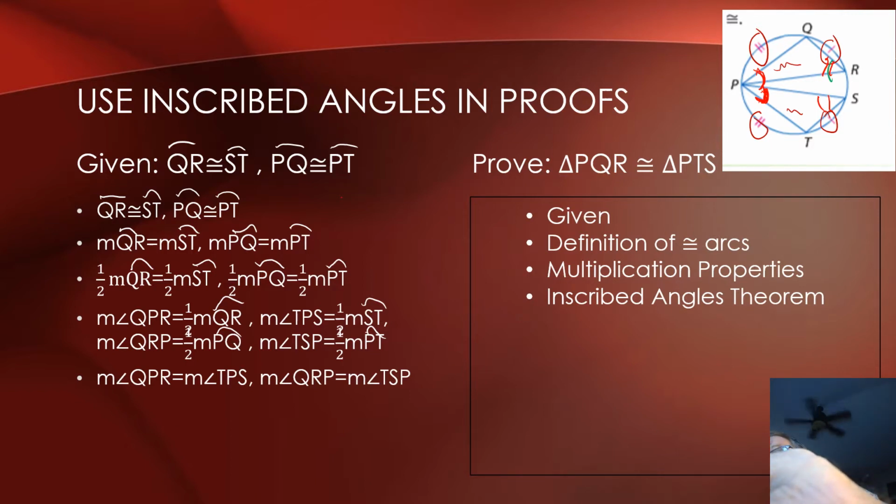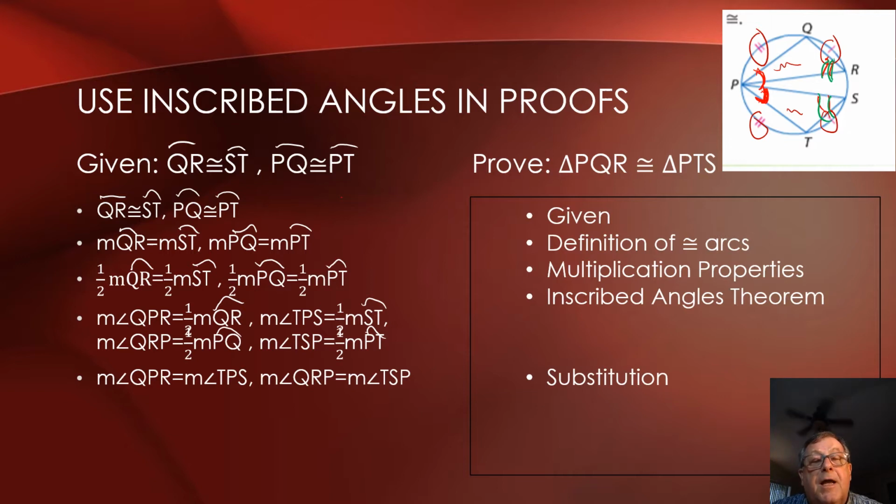So this angle is congruent to this angle. All right, well, I've got two angles that are congruent. Angle, angle. I think I'm getting suspiciously close to an angle, angle, side proof statement, but let's see how we go. All right, well, that's just substitution.